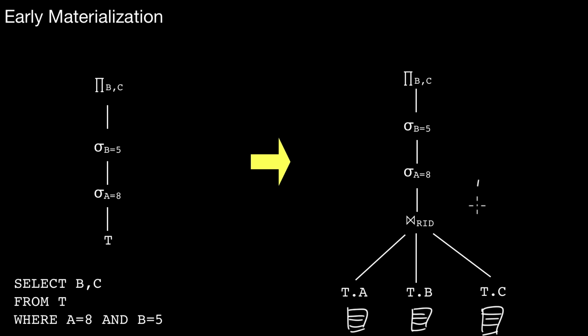So after this join, we have something like this. We have an array of a struct. So we have three different attributes here, and then here we have A, here we have B, here we have C. So basically we combined the three columns into a row layout with three attributes.